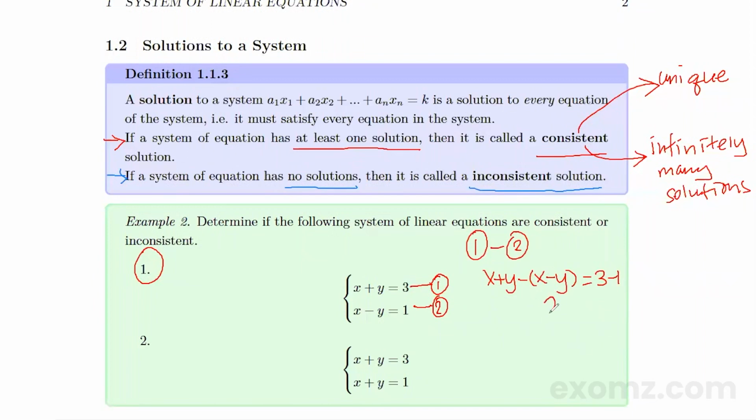And that will give us 2y equals to 2, meaning that y equals to 1. And if you sub y equals to 1 back into any of these two equations, then you'll be getting x equals to 2. So this gives us a unique solution because this set of values is unique to this system. So for case 1 right here, the system is consistent.